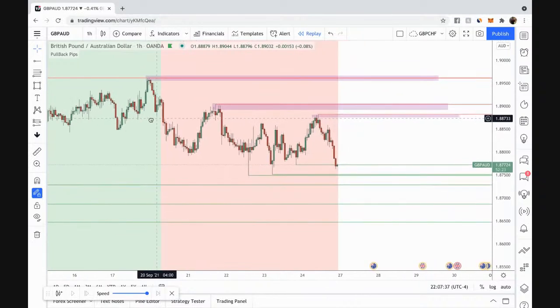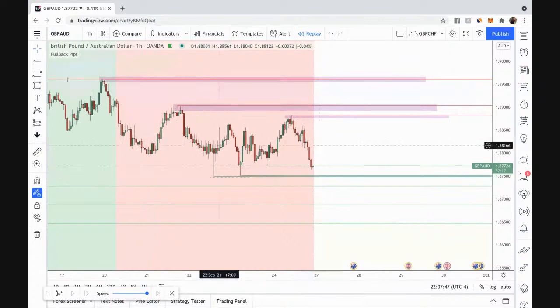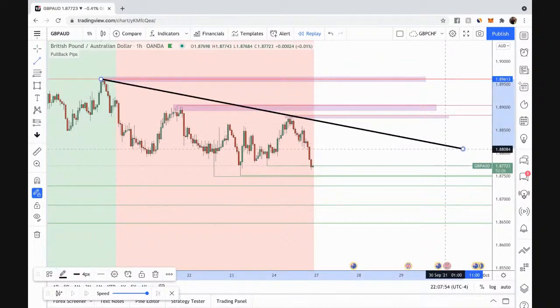We have to realize these structure areas are slowly getting broken. It's breaking, but what will help me really with this trade setup is finding the best pullback where I can minimize my risk. And where is that pullback?